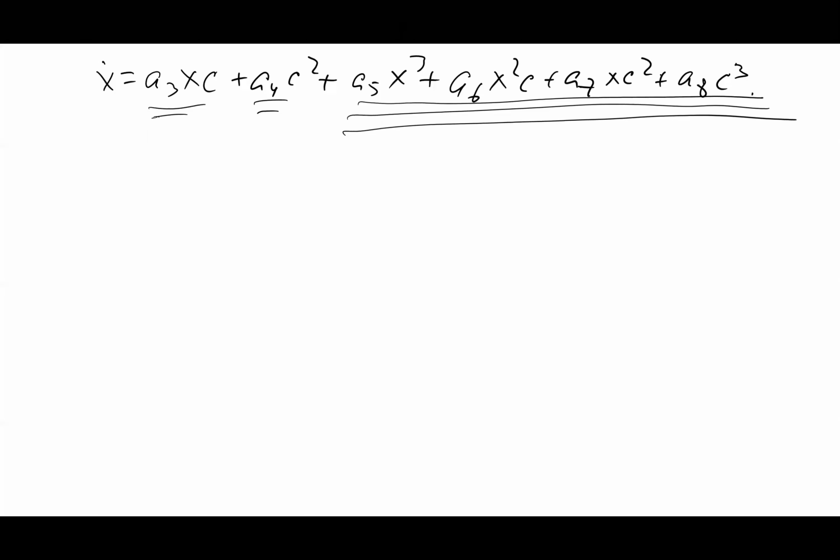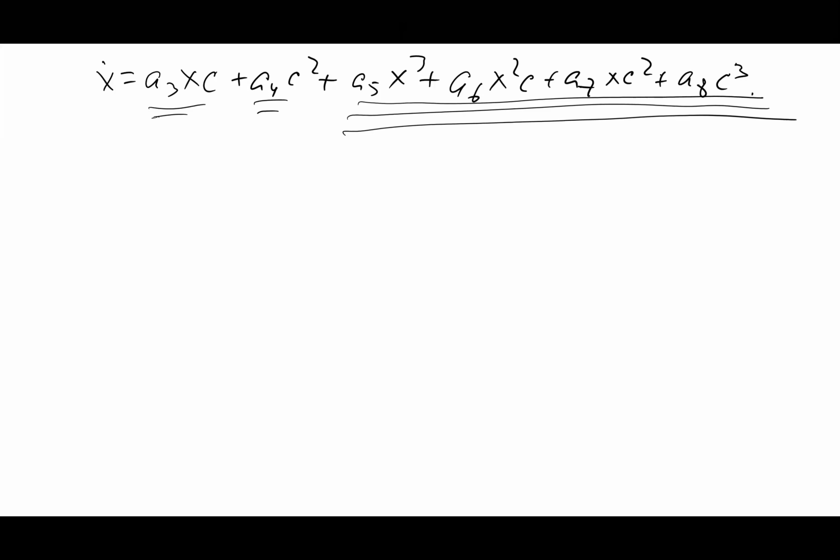Considering third order approximation makes sense if at least one of the third order terms is of the same order as one of the second order terms. Same range of values, let's put it like this. And now what we can say.